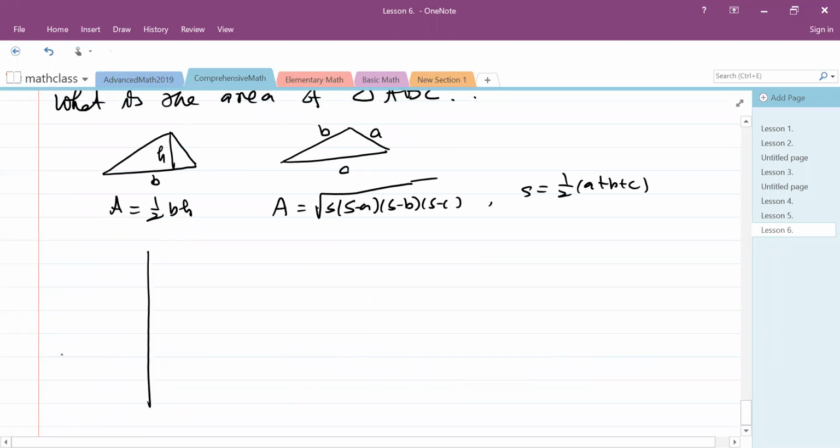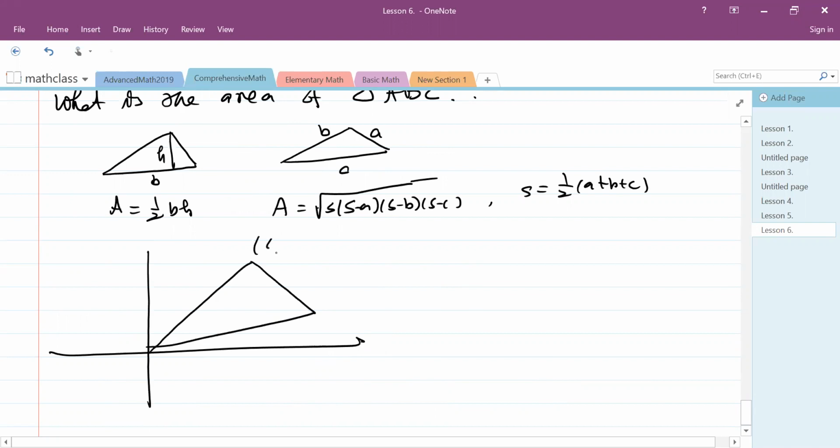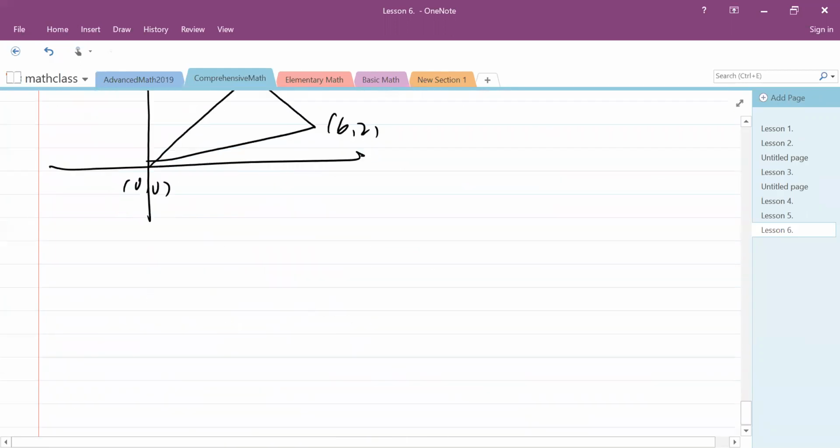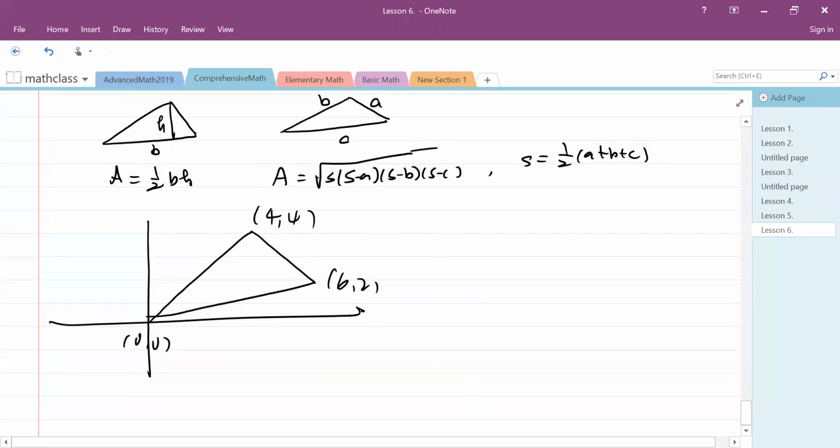You still use the area of a triangle to solve that, but that's given 4 and 4 and 6 and 2. Let's redraw the picture. You need to draw additional lines to figure out the area of the triangle. How do you do that?